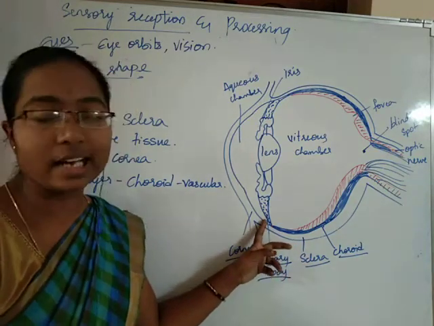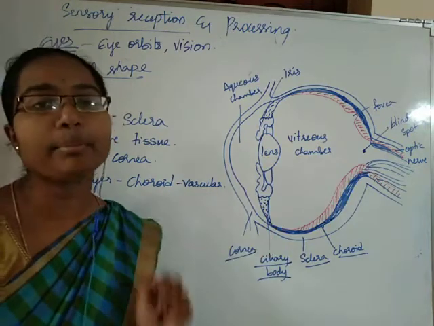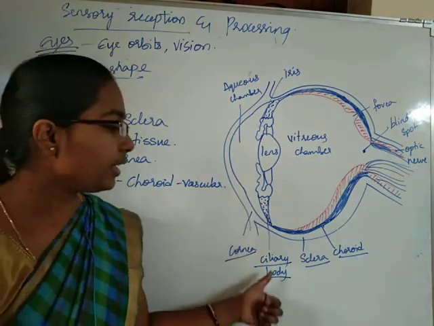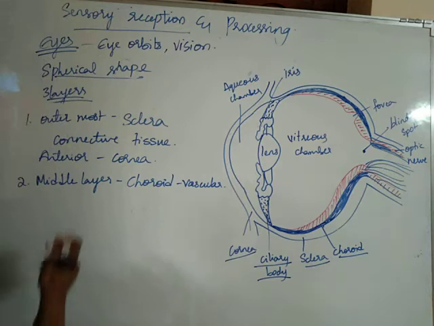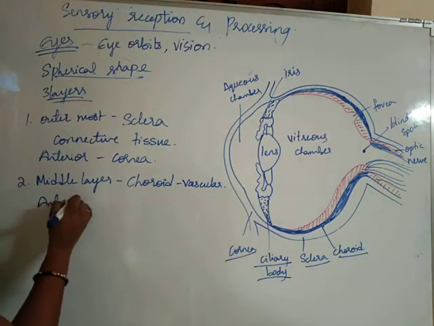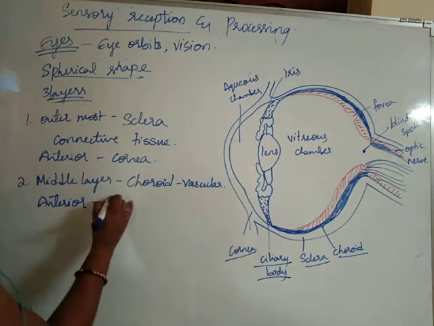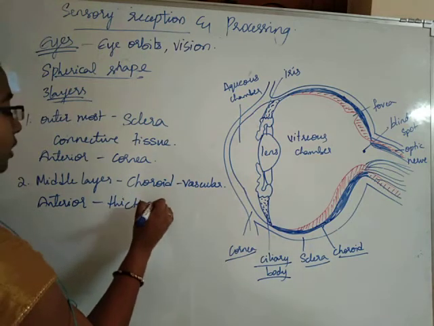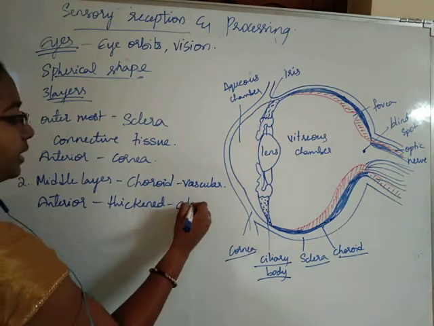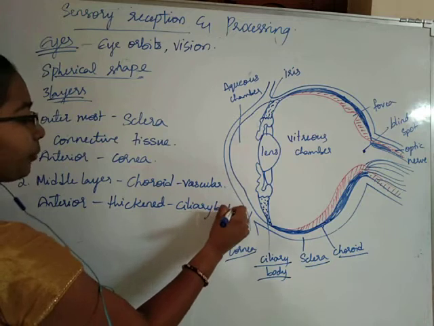In the anterior side, the choroid layer forms a thickened part called as ciliary body, okay.